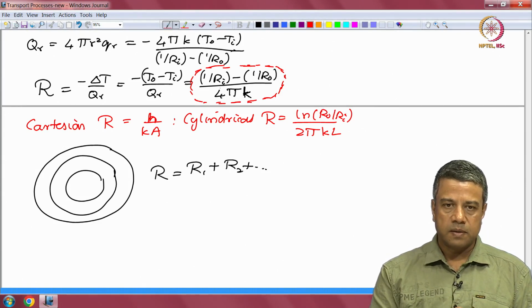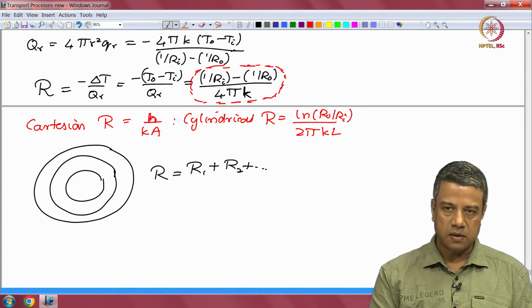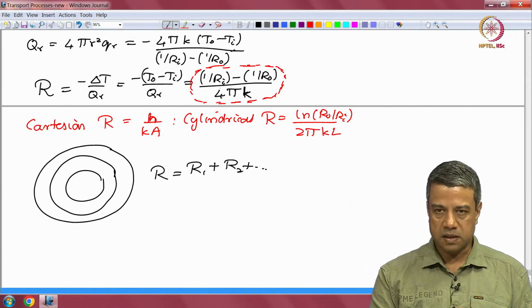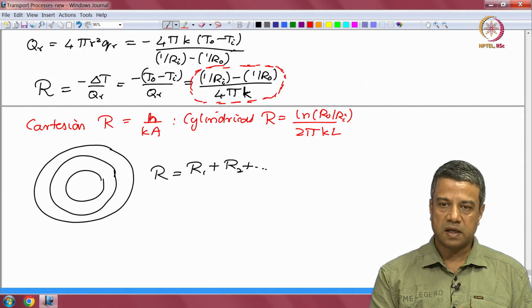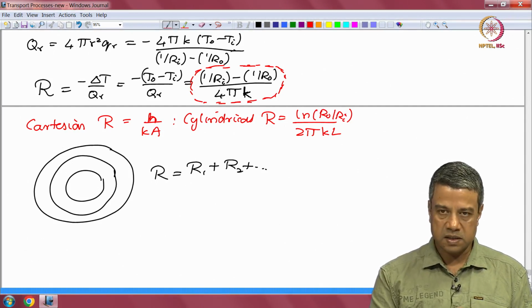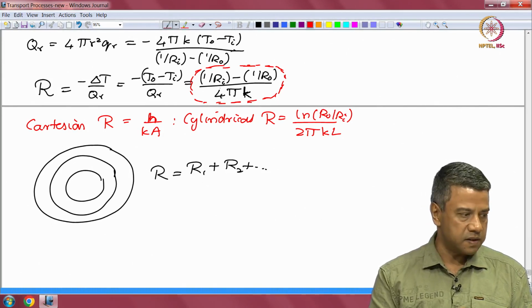So, with this I will complete our discussion of curvilinear coordinates. First, a cylindrical coordinate system, where I derived for you mass, momentum and energy conservation. Momentum conservation both in the axial and in the polar directions, in the direction along the axis and in the direction around the axis, and we had solved some problems. For heat conduction at steady state, we had derived the heat transfer resistance.